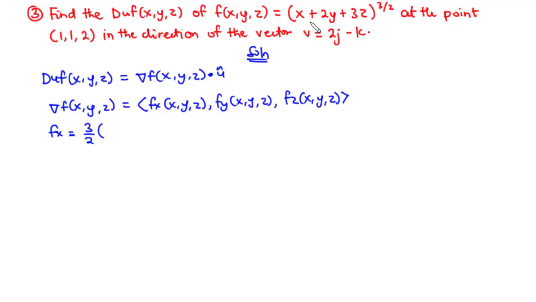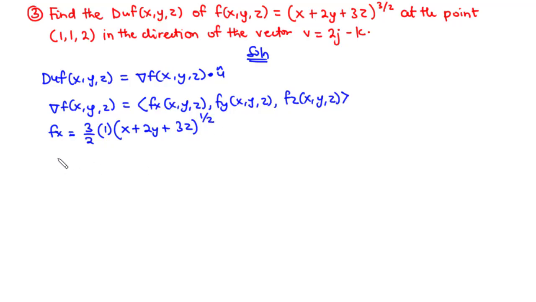We are going to differentiate with respect to x. So we differentiate x and then we have 1. And then we are going to repeat what we have inside here, which is x plus 2y plus 3z. And then we are going to reduce the exponent by 1. So 3 over 2 minus 1 is equal to 1 over 2.